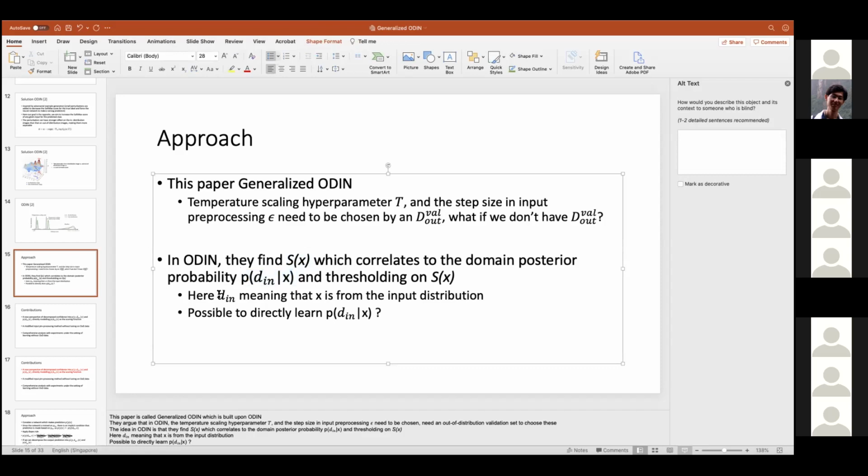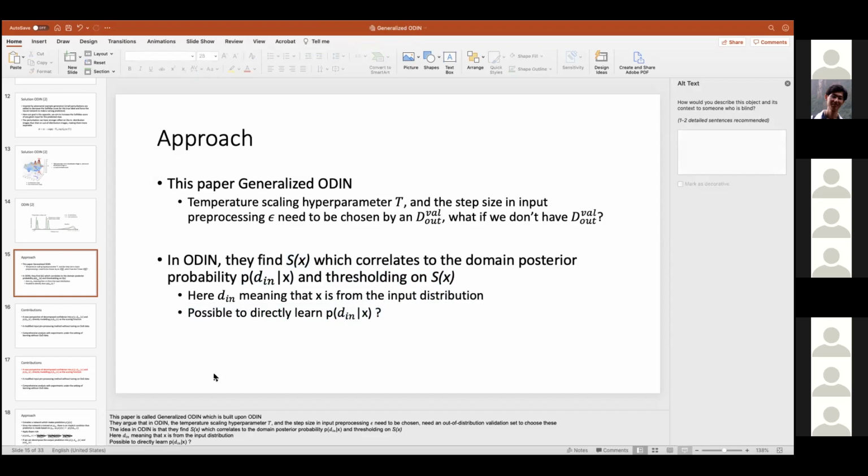This means the probability that x is from the in-distribution. Then we threshold on Sx to classify whether it's in-distribution or out-of-distribution. So is it possible to directly learn this in-distribution probability, instead of finding an Sx that is correlated with it and thresholding on Sx?